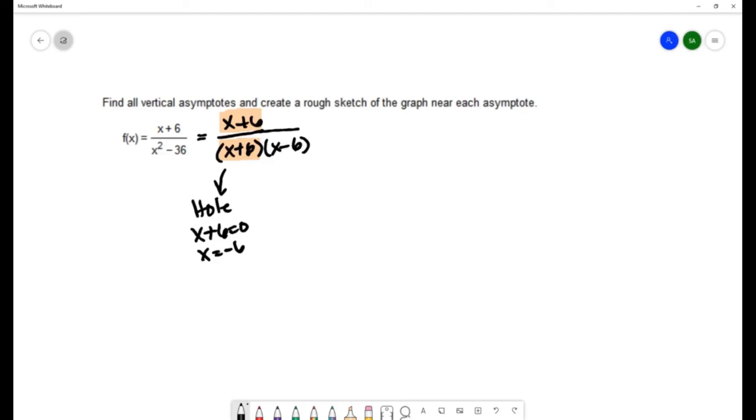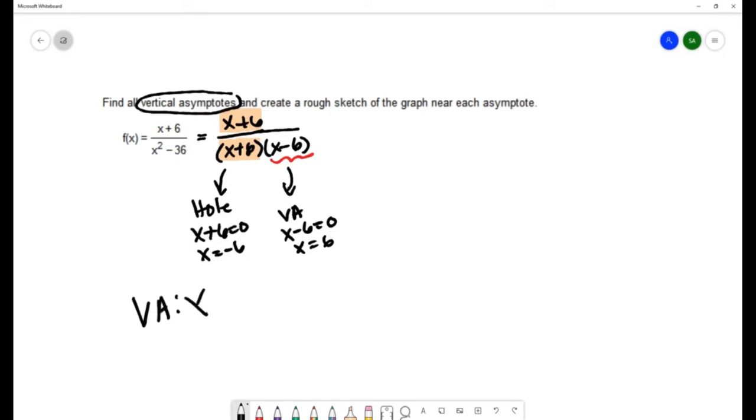And then the remaining factor that doesn't have a common factor will be a vertical asymptote. We can find that vertical asymptote by setting that factor equal to 0. So we have a vertical asymptote at x equals 6. This function will have just one vertical asymptote, at x equals 6.